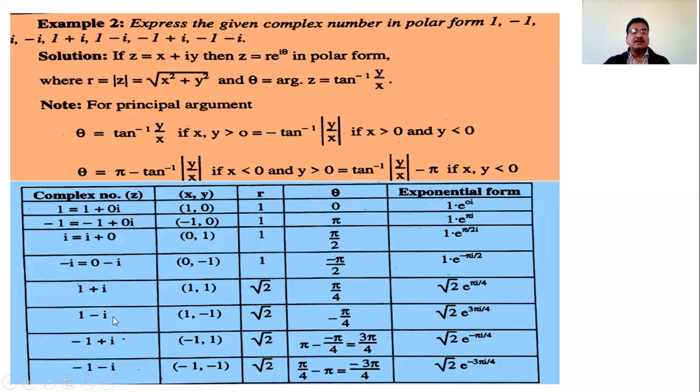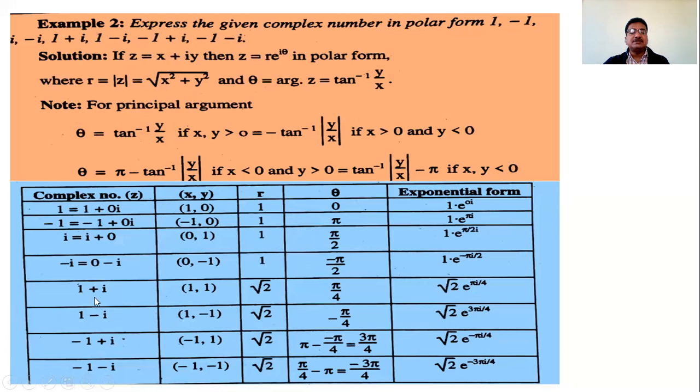Then 1 minus i. In ordered pair form it is (1, minus 1). Its modulus r is root 2: x square is 1, and y is minus 1, so its square is again plus 1. So root 2.